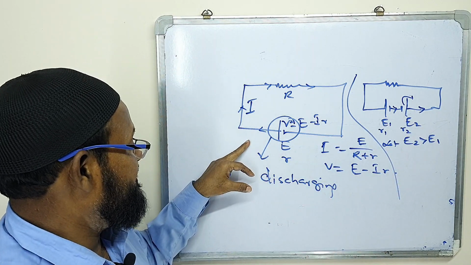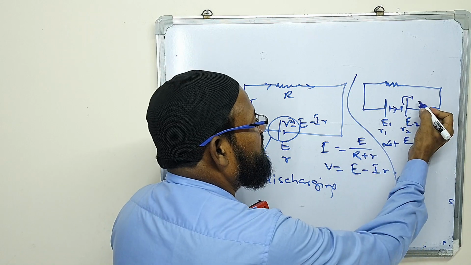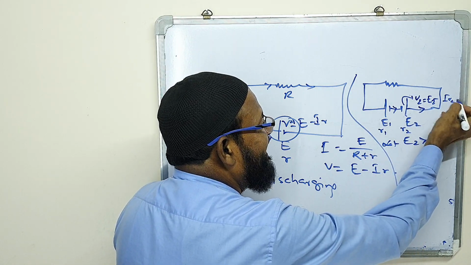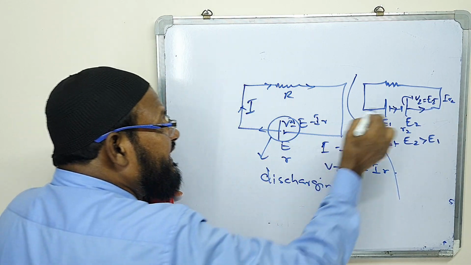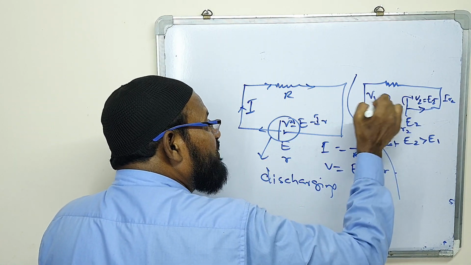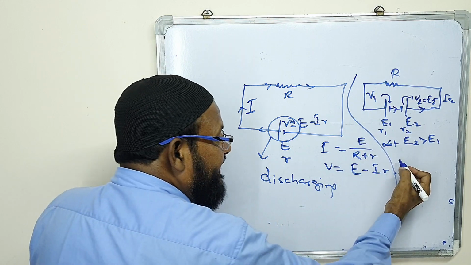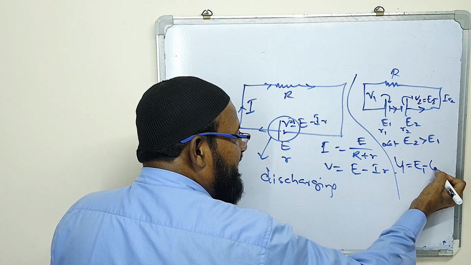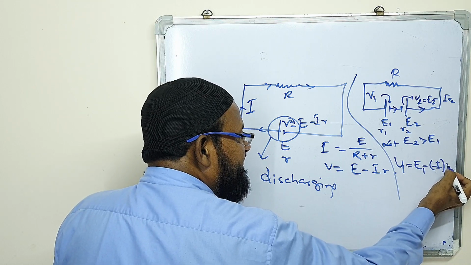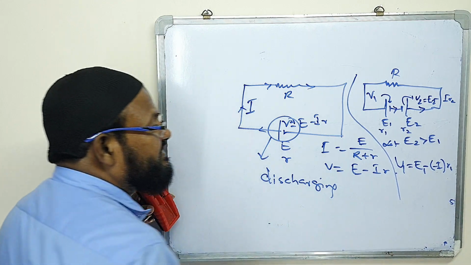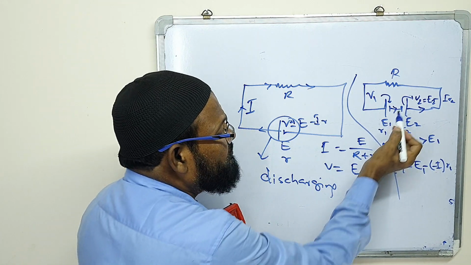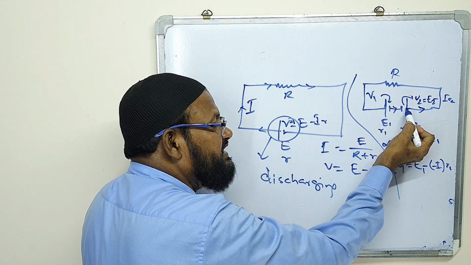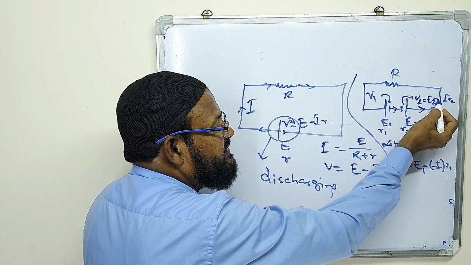In case of discharging, what is V? V2 equal to E2 minus IR2. In case of charging, be careful: when current moves inside the battery from negative to positive, it is taken as positive current.